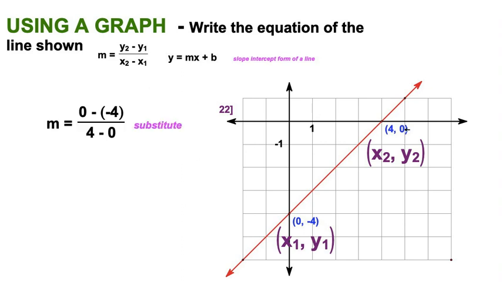So I'm going to take y2, 0, minus negative 4, y1, over positive 4, x2, minus 0, x1. 0 minus negative 4 is, of course, 4. 4 minus 0 is 4. And 4 over 4 is 1.